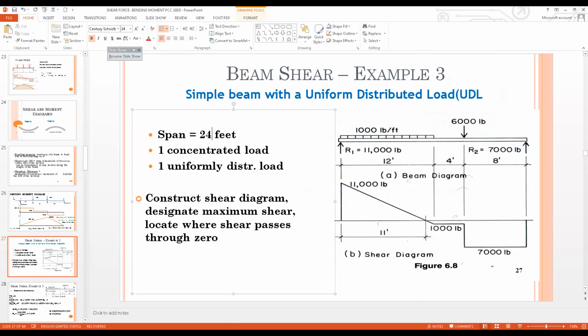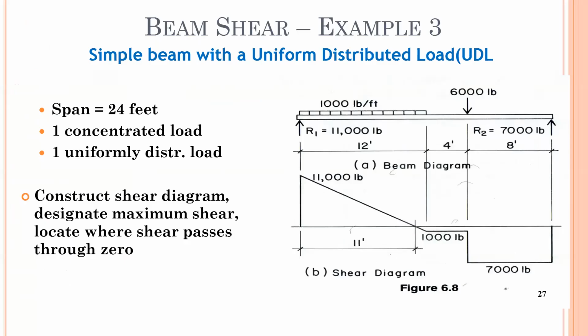All right, so the span is 24 because it is 12 plus 12, with one concentrated load, which is 6,000 pounds, and one uniform distributed load. Now, I already told you how you would find the reactions.